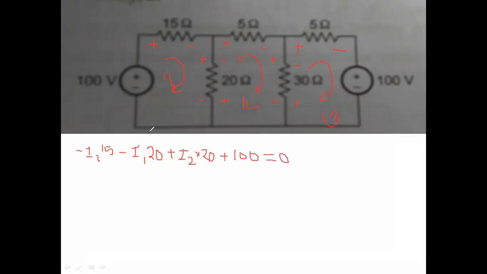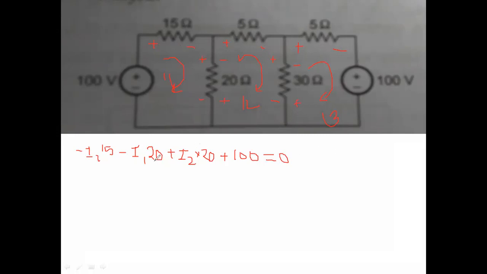This is nothing but the algebraic sum of all the voltage drops and EMFs equal to 0. That is KVL: the algebraic sum of the voltage sources or EMFs plus the voltage drops is equal to 0.